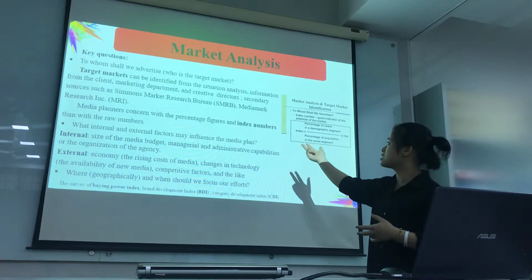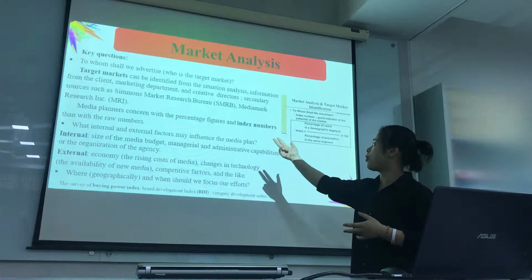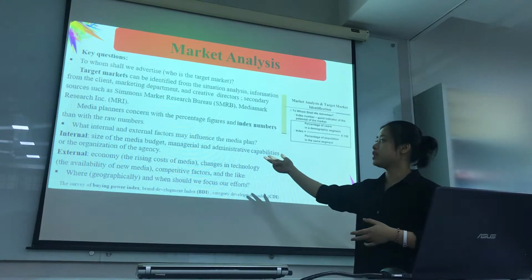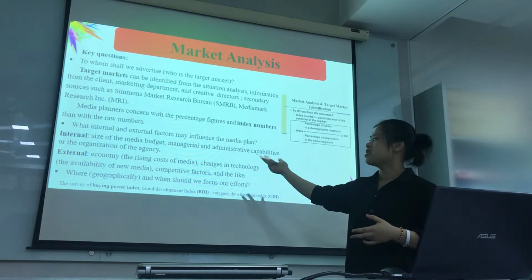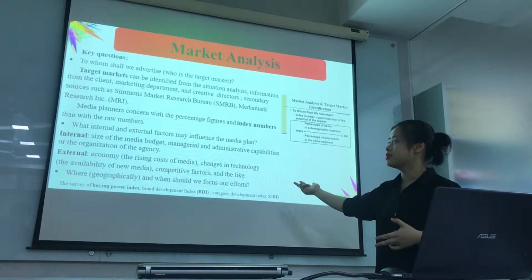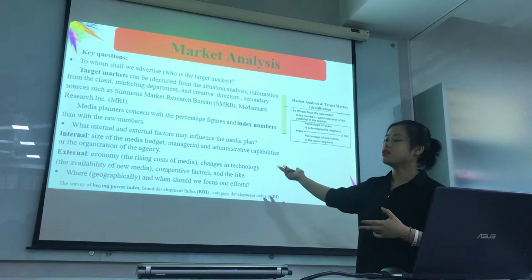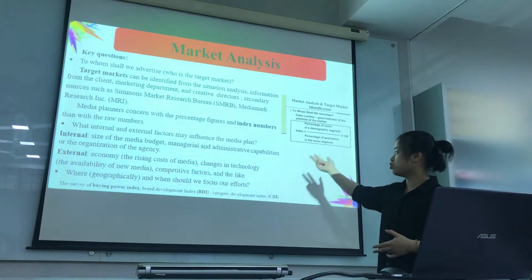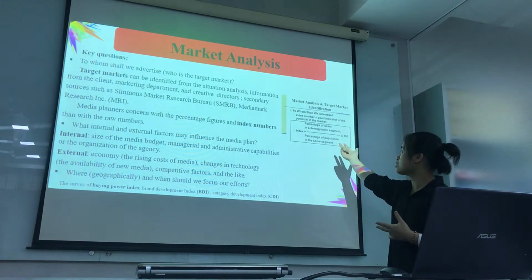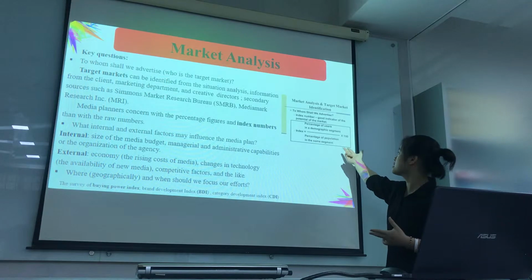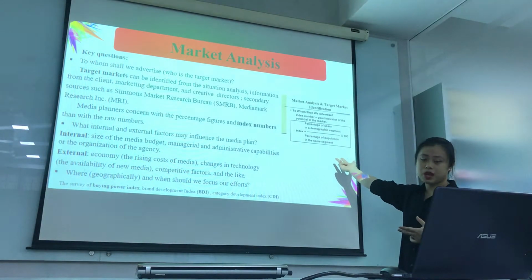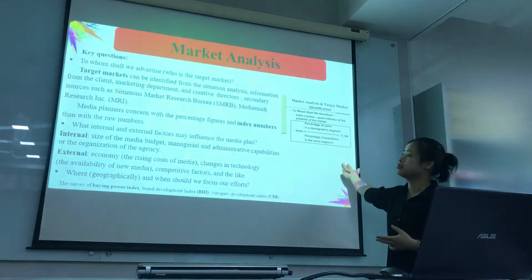And we can take secondary sources from SMRB or MRI. In reality, media planners are concerned with percentage figures and index numbers more than with raw numbers. The index is calculated as the percentage of users in a demographic segment divided by the percentage of population in the same segment, multiplied by 100.